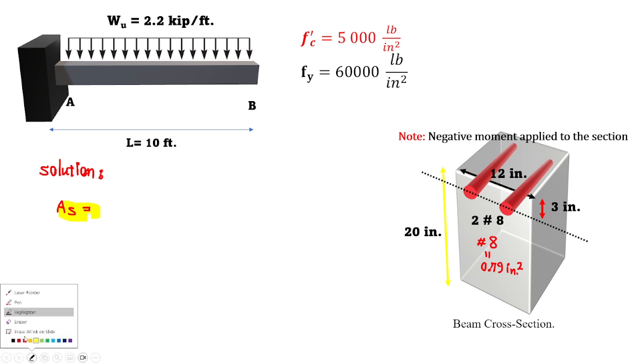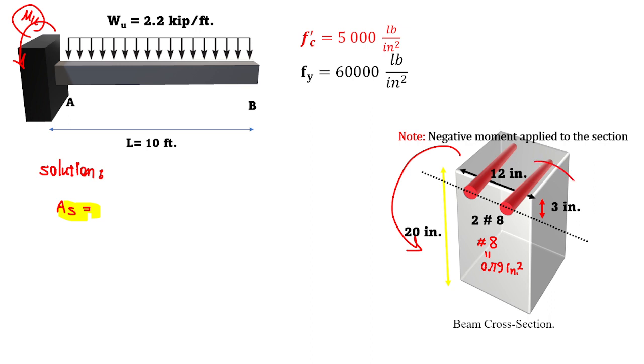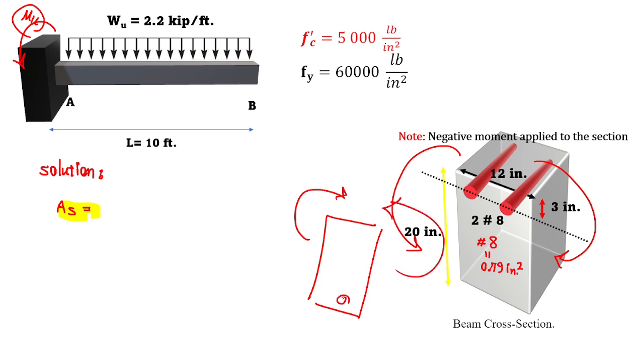As you can easily verify, in a cantilever beam the loading develops Mu, which is a negative moment. If you apply a negative moment to this section, it is like applying a positive moment to the section flipped.